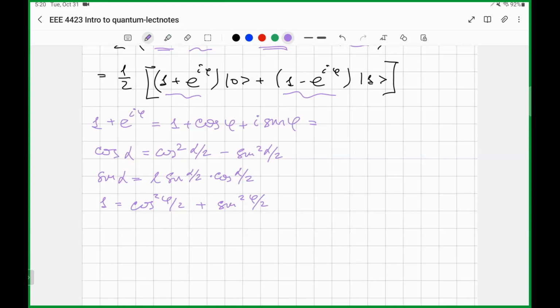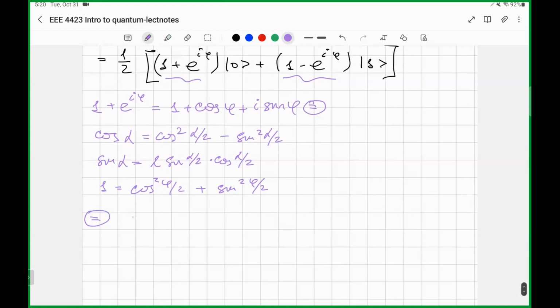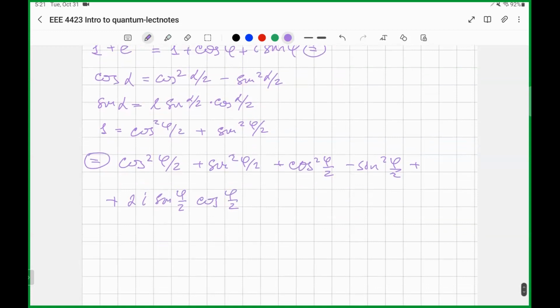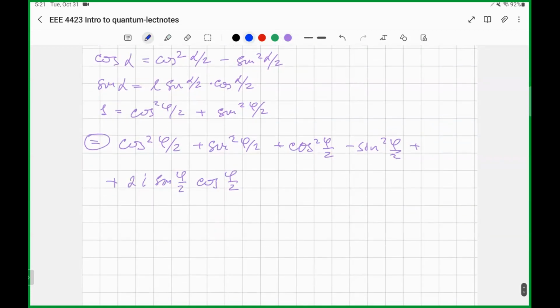So what I've got is cosine square phi over 2 plus sine square phi over 2 for the unit, then plus cosine square phi over 2 minus sine square phi over 2, then plus 2i sine phi over 2 cosine phi over 2. Here I can cancel the sine square terms. Cosine plus cosine gives me 2 cosine.